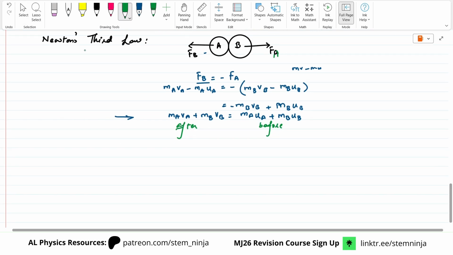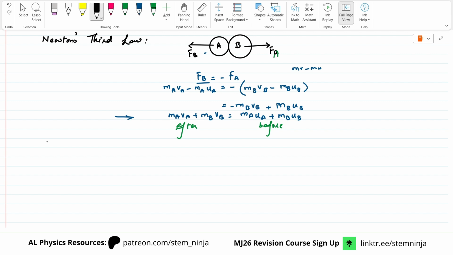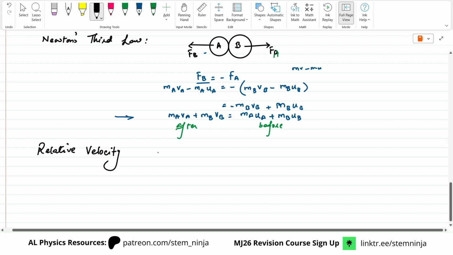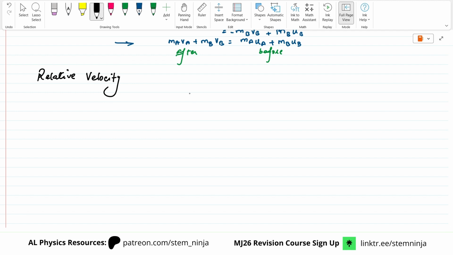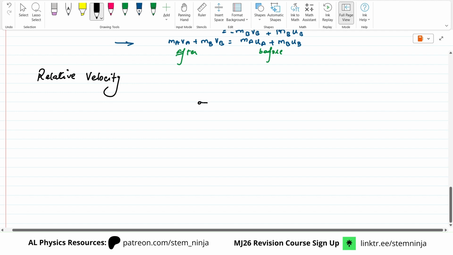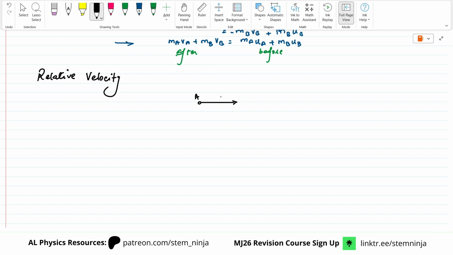Right, okay. Now, a concept called relative velocity. For example, if you have an object A, this is object A, its velocity, let's say v_A, is 5 meters per second. And there's an object B going in this direction.